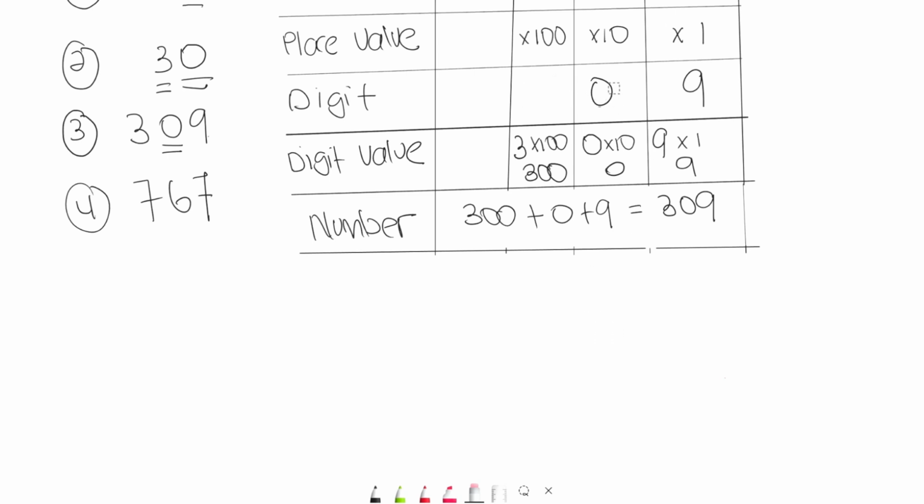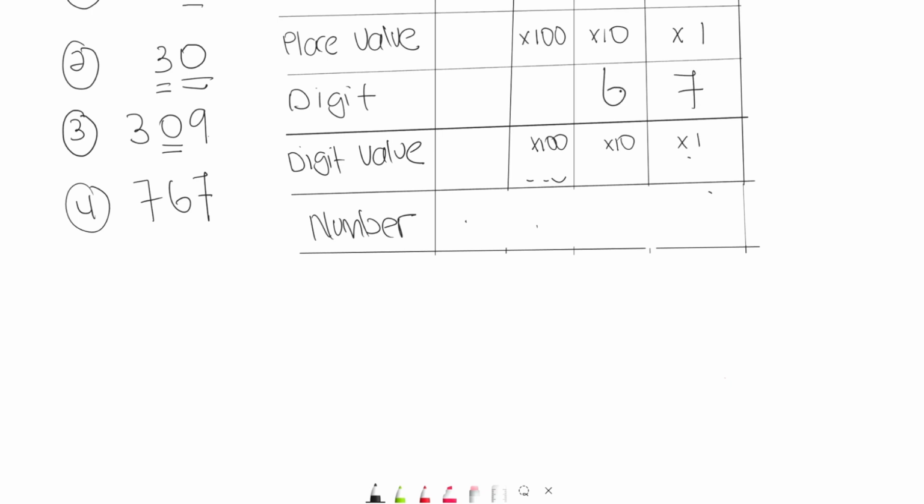I'm going to go into the last example, and the last example would be 767. Okay, we have 3 digits, 767. Okay, now I'm going to change this, and change this. So the digit is 7 in the ones place value, 6 in the tens place value, and 7 in the hundreds place value.